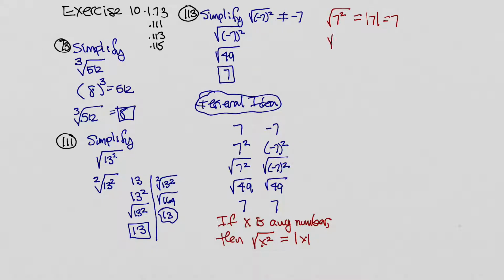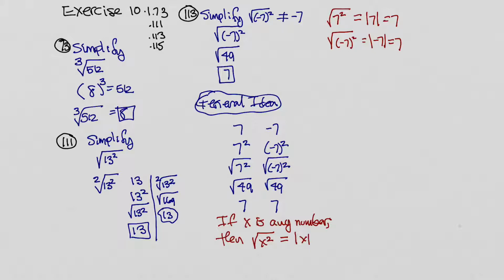But if we start with negative 7 squared, square root that, we're going to get the absolute value of negative 7, and the absolute value of negative 7 is 7. So putting this absolute value on here ensures that we're going to get this positive number back, because the absolute value of any number is positive.